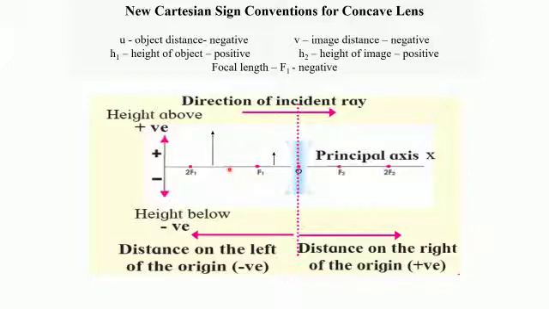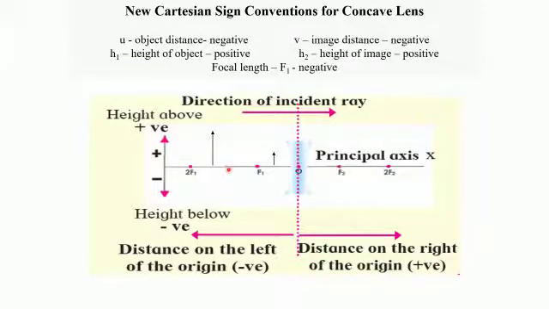All distances that are measured upwards from the origin are taken to be positive. All distances that are measured downwards from the optical center or origin are taken to be negative.